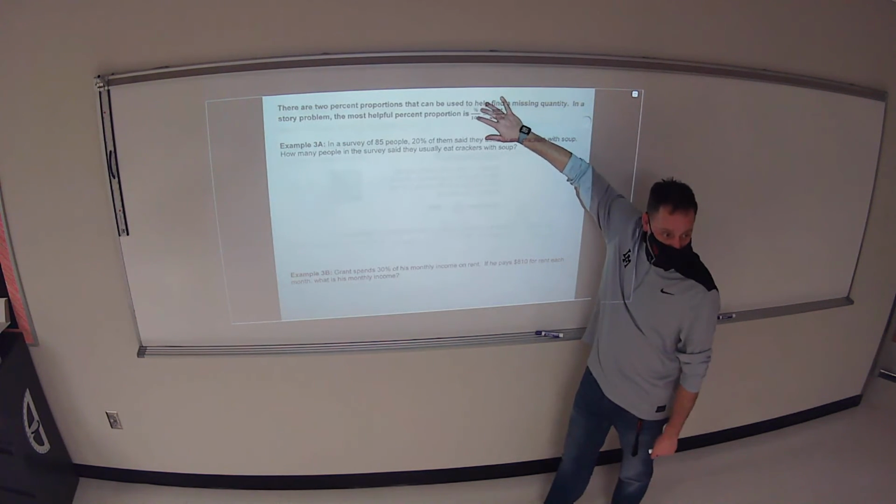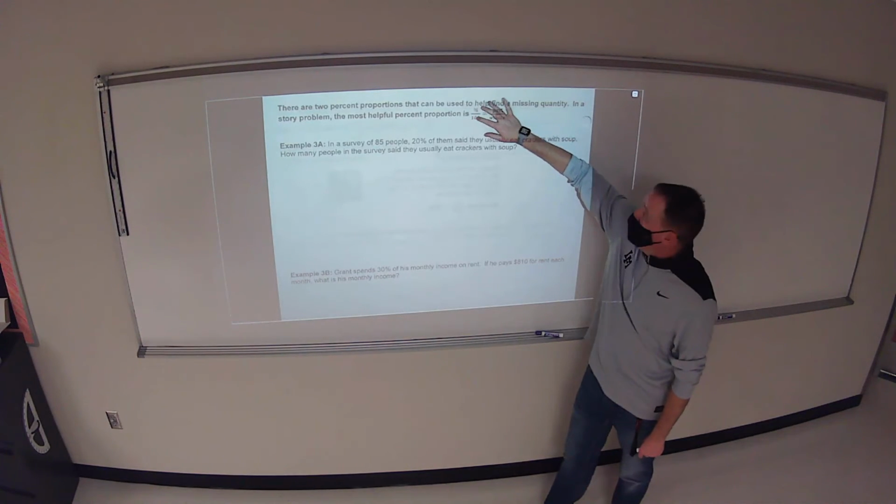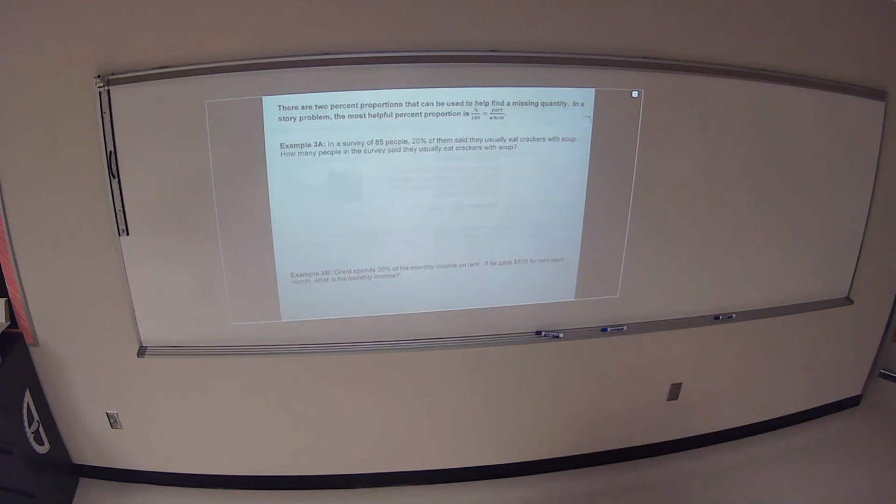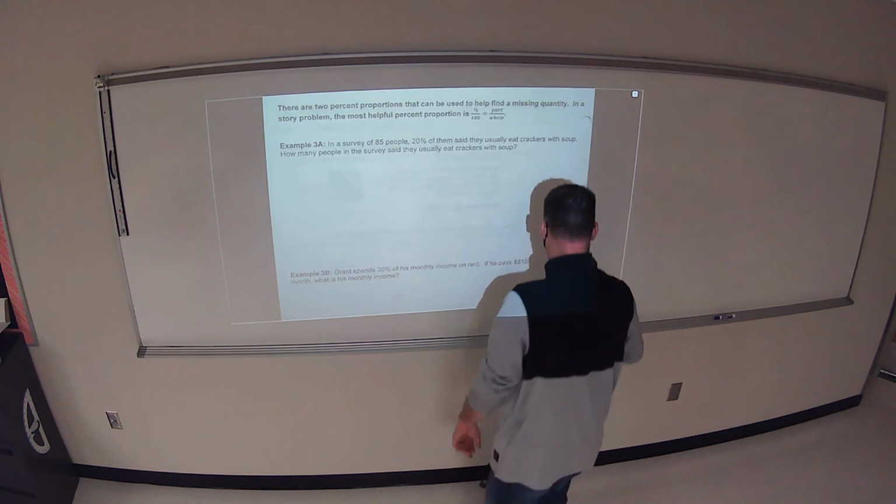This is what we call a percentage problem. It's a ratio whose denominator is 100. Now, what it's equal to is going to depend on what type of problem we have. And here's what I'm going to tell you. If I have a story problem, not an is and of problem, but an actual story problem, I'm always going to think of this as part over whole. So, let's take a look at example 3A, and then I'll let you guys do example 3B.